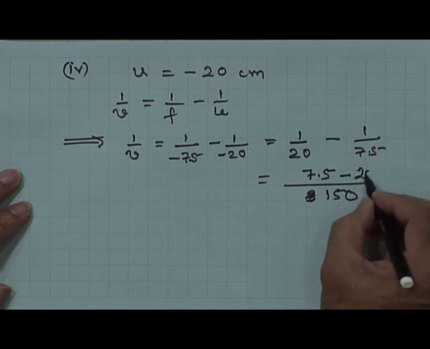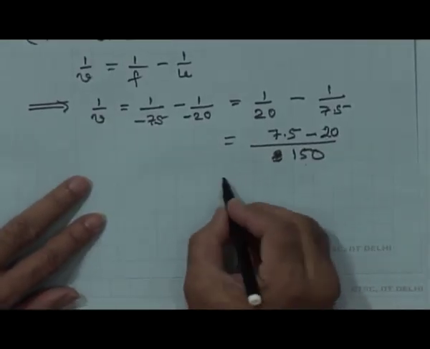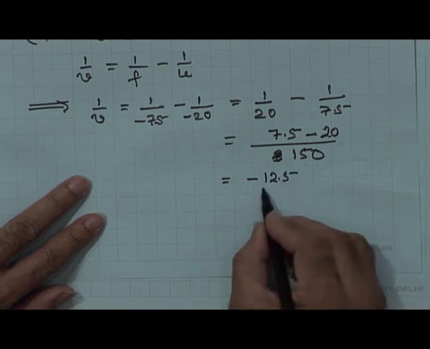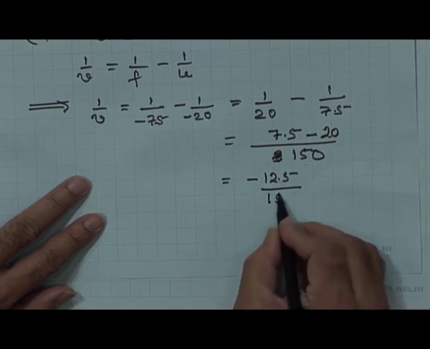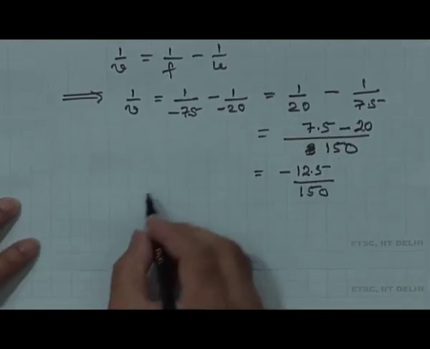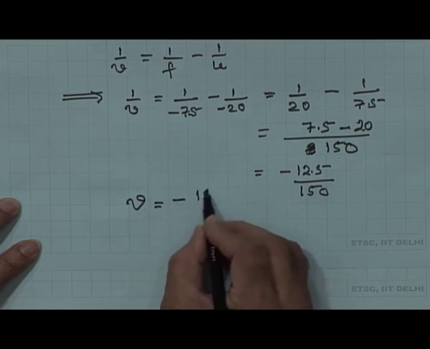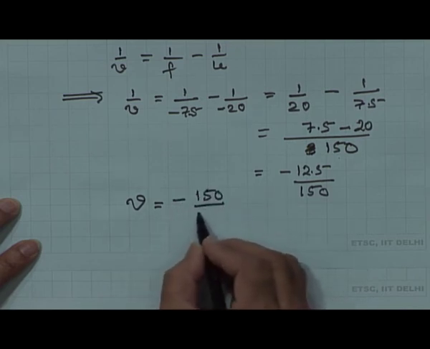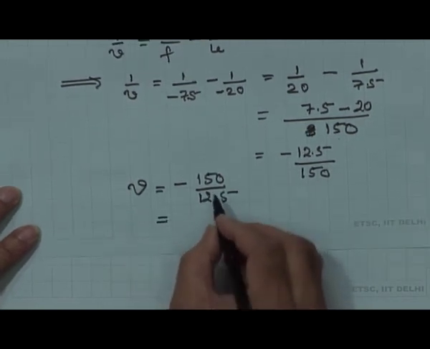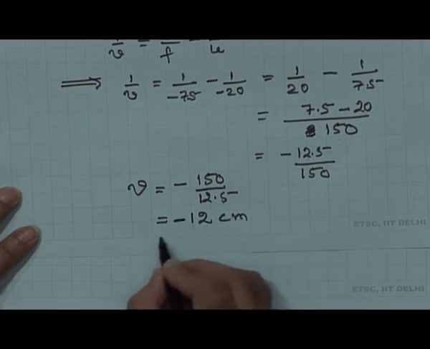So, 7.5 minus 20, which is equal to minus 12.5, divided by 150. So, v is equal to minus 150 divided by 12.5, which is equal to minus 12 centimeters.